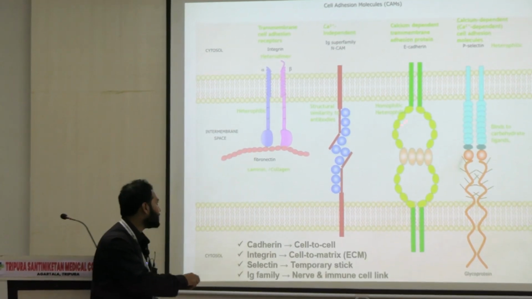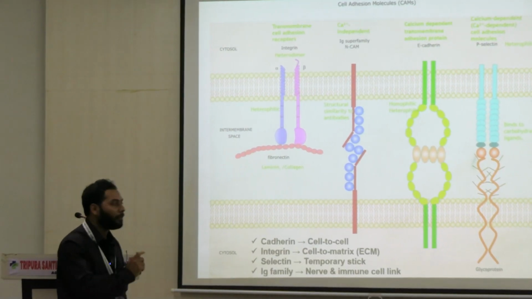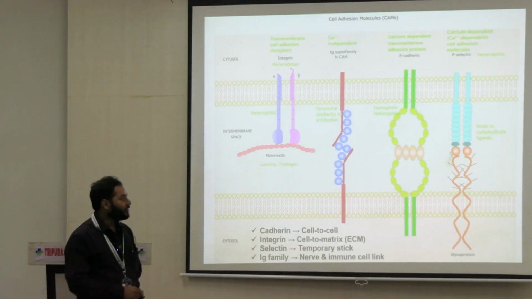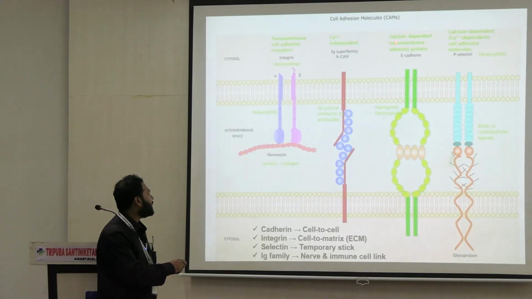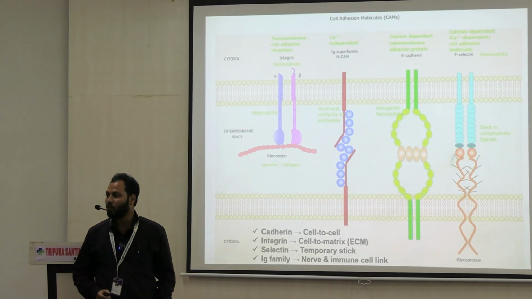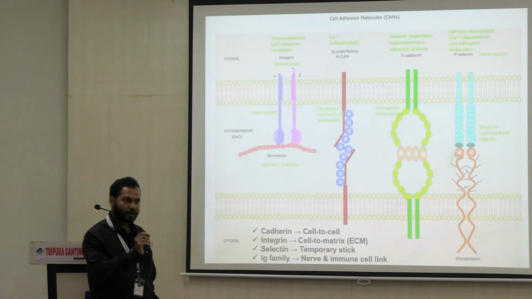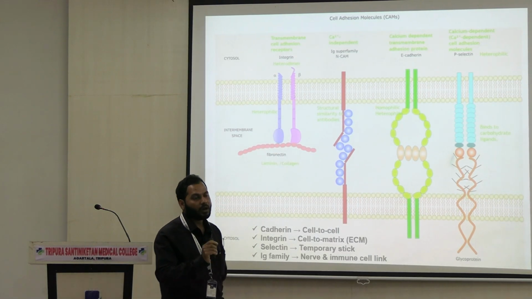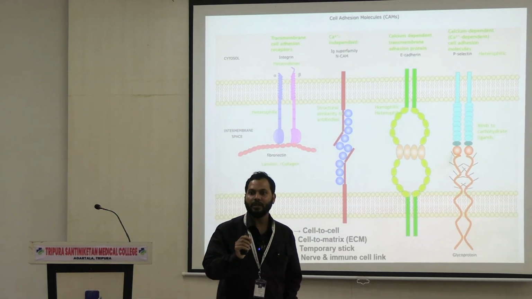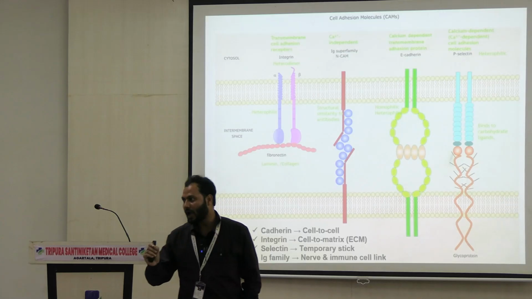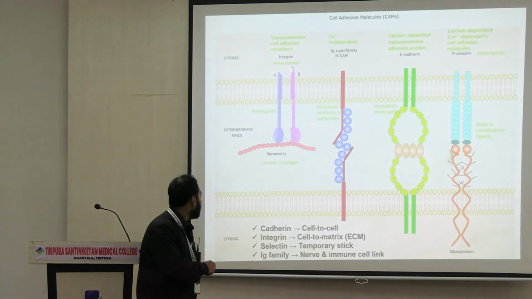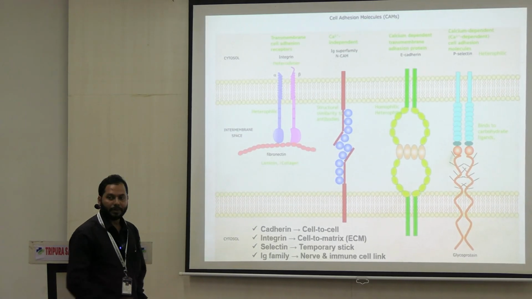Here the transmembrane protein is cadherin, present in both membranes. Another important feature of this cadherin is that it is a calcium-dependent transmembrane protein. It means the function or potential of this cadherin protein is influenced by the availability of calcium ions in the cell. The second one is called integrin.